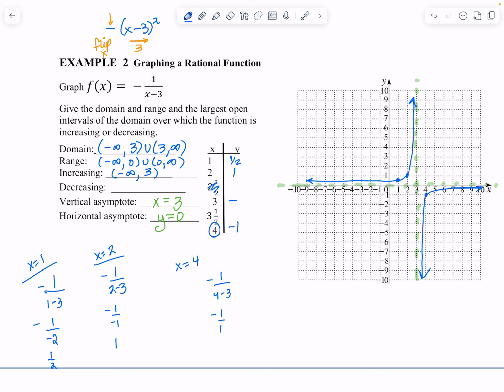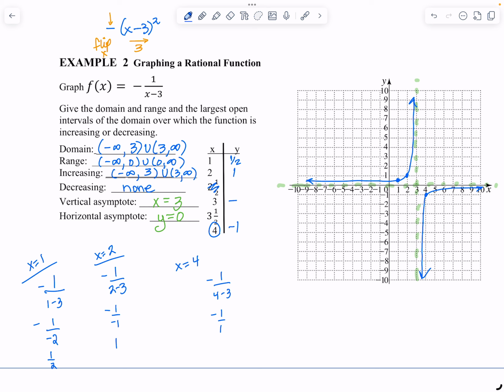And then where else is it increasing? It's also increasing on this side, right? It's going from the bottom up to the top. So it's also going from 3 to infinity. So it's always increasing, so it's never going to be decreasing.